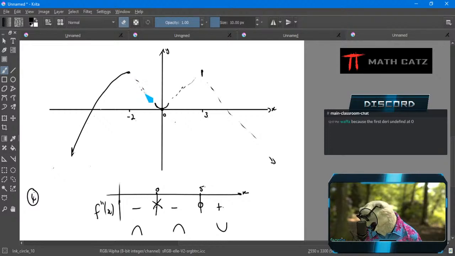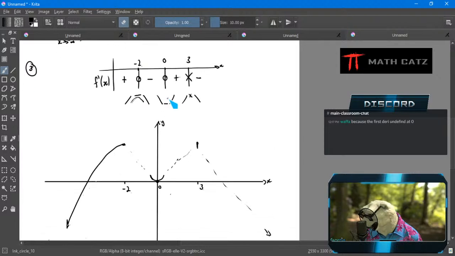I can bend down to a point, but in order for me to hit this turning point at x equal to 0, I'm going downhill, horizontal tangent, uphill. It makes that little cup. Did I say crest? No, I meant cup. Little cup shape, a turning point at x equal to 0.